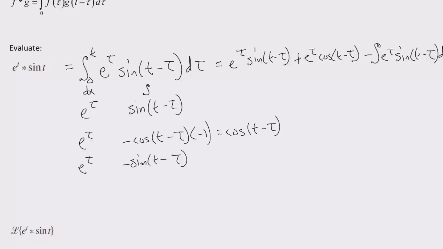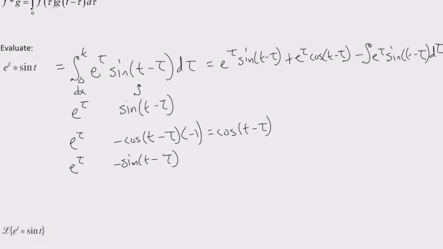Okay, and now I really am off the screen there. All right, so the plan is I'm going to take this piece and add it to this piece, and then divide by 2.